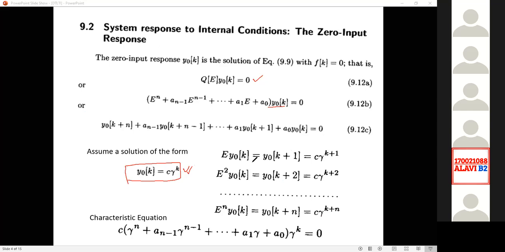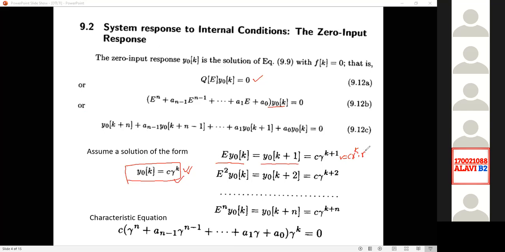For example, E y0k will be equal to y0 k plus 1. So your y0 is C gamma power k plus 1, so you replace k by k plus 1. This is your E y0k. You can write it as C into gamma power k into gamma. Can we write it?